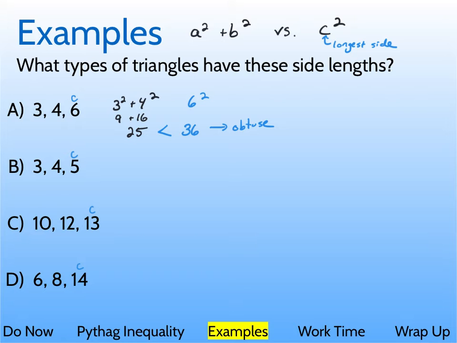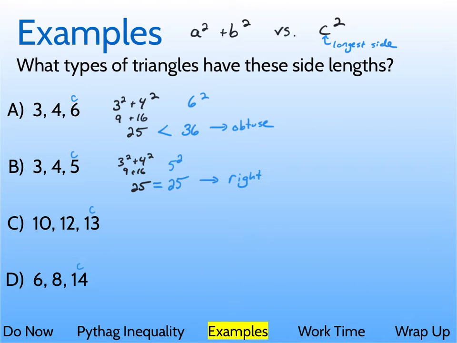All right, let's check it out again here. 3 and 4 again, so that's easy. 3 squared plus 4 squared, 9 plus 16, is 25. And then for c, c's 5, so c squared is 5 squared, which is 25. I almost got ahead of myself right there. So 25 equals 25, which means that's a right triangle.